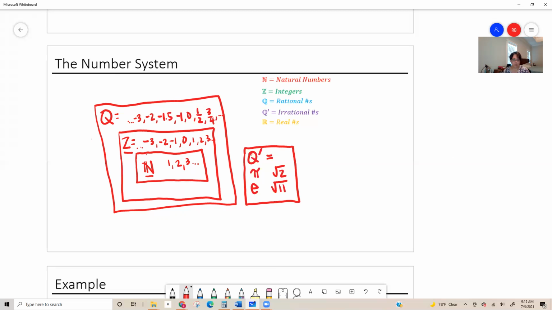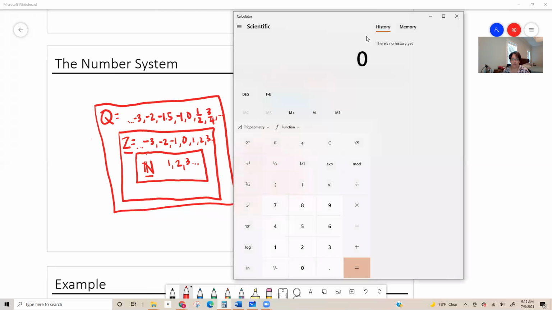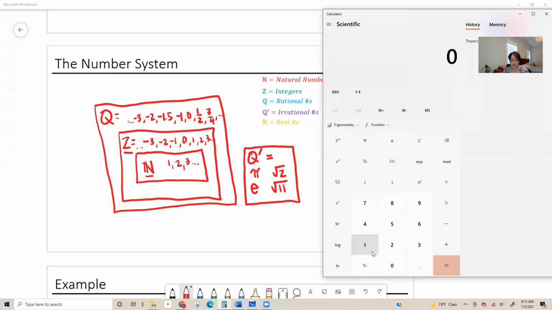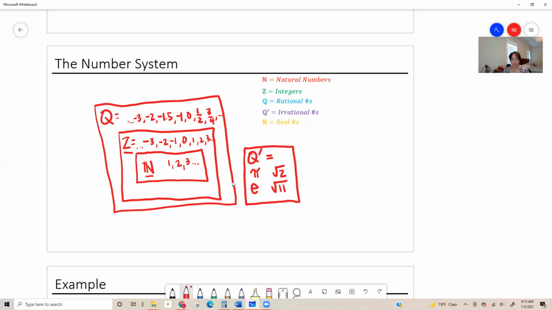And remember that you can check those. If you were to do 11 and then take the square root, you're going to get a really, really long decimal that actually never ends. So again, the irrational numbers are off on their own.